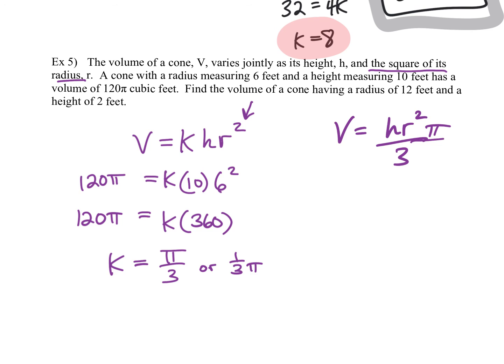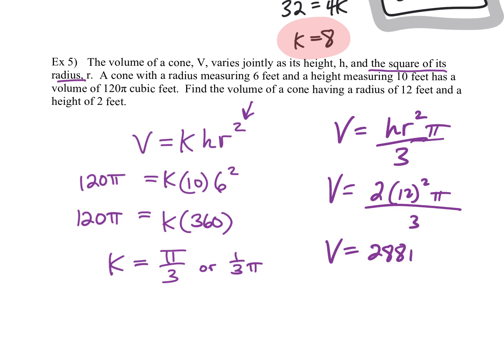Well, now we can find the volume. They want us to find the volume when we have a radius of 12 feet and a height of 2 feet. So that's going to be 2 times 12 squared times pi, all divided by 3. This here will be 288 pi divided by 3, or 96 pi feet cubed.